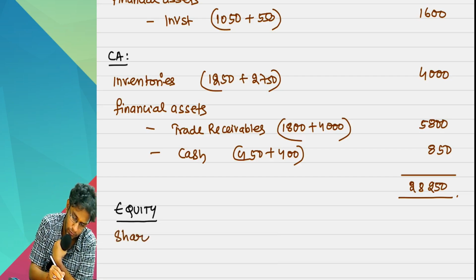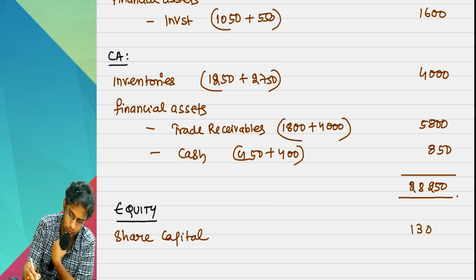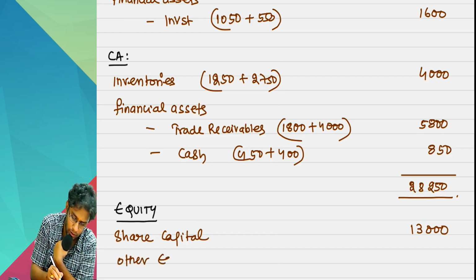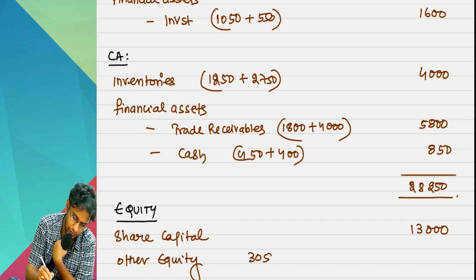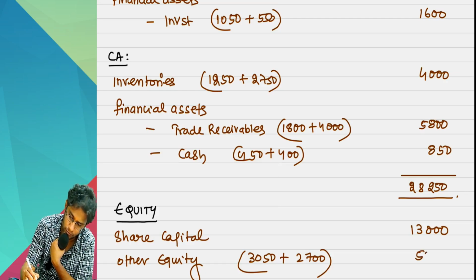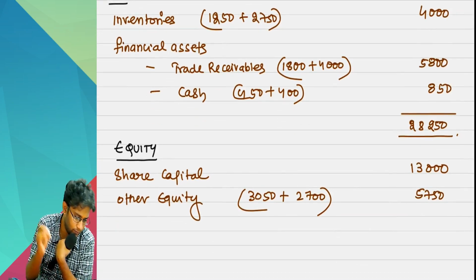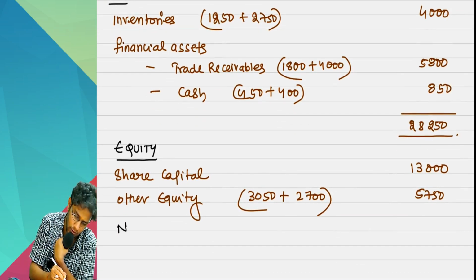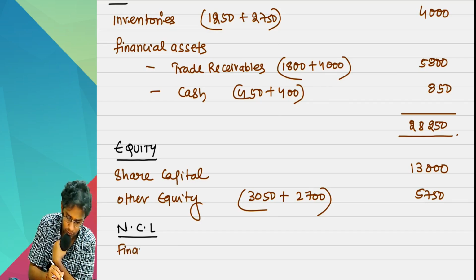Equity, share capital 13,000. Already the working note is done. Other equity, all the results you have to incorporate. 3,050 plus 2,700. Non-current liabilities. Borrowings are there, no? So financial liabilities.